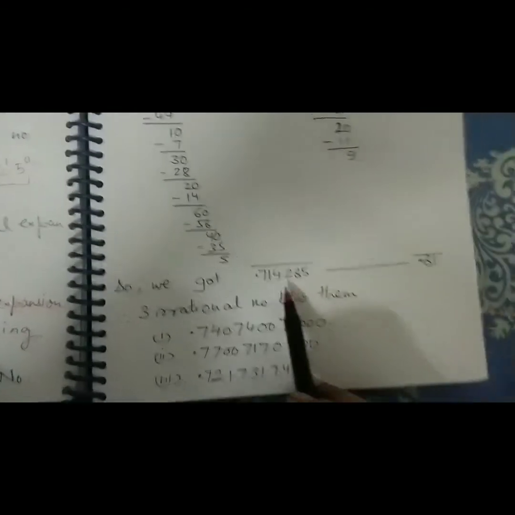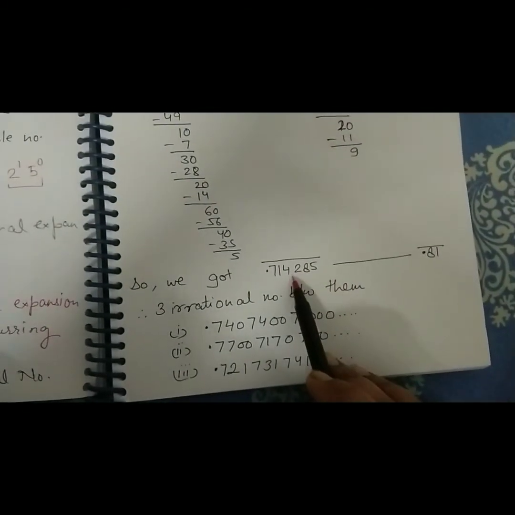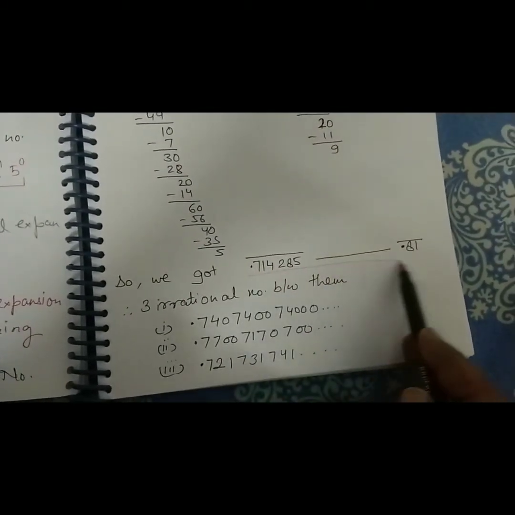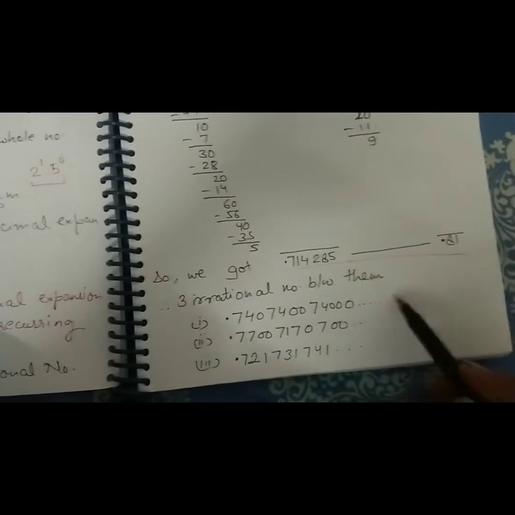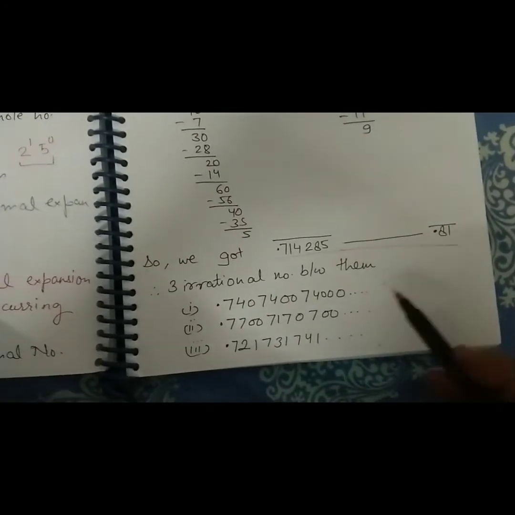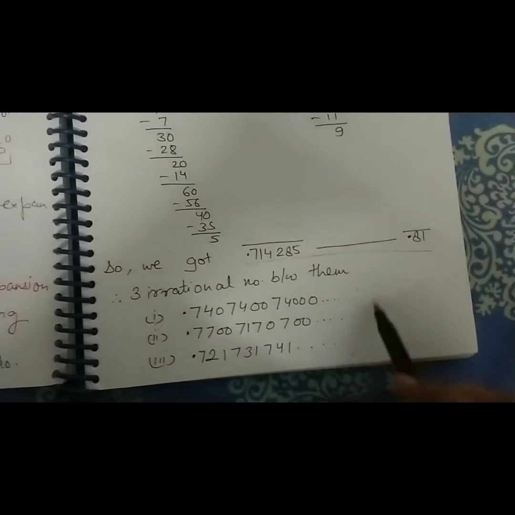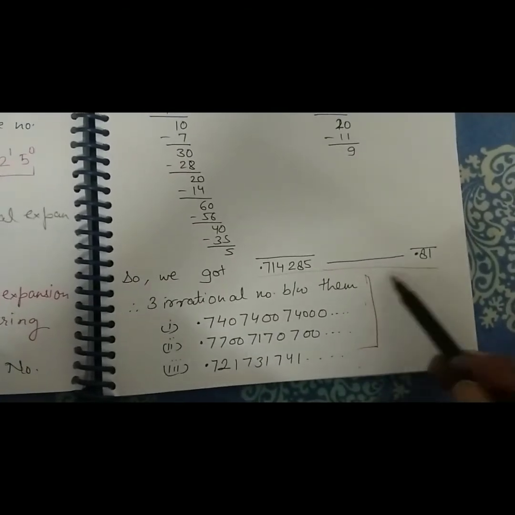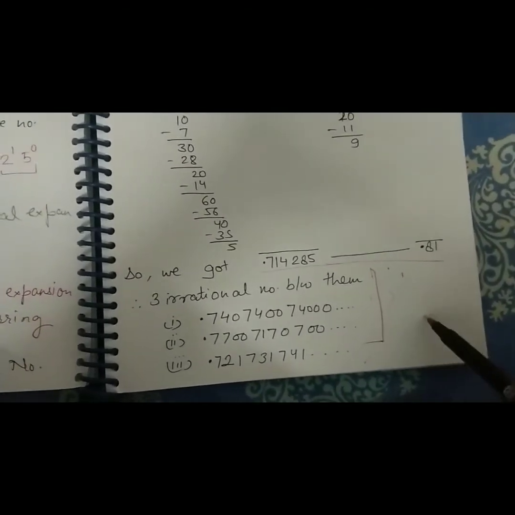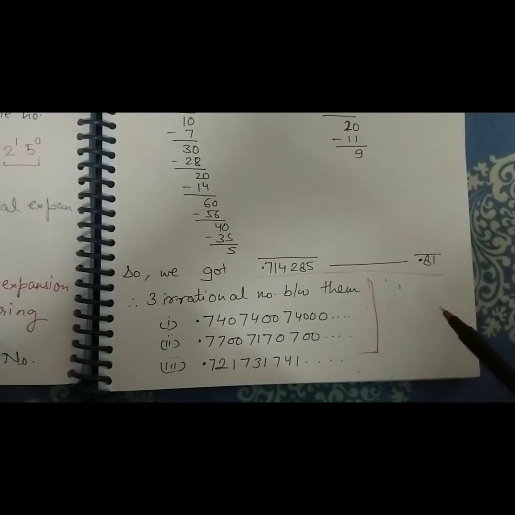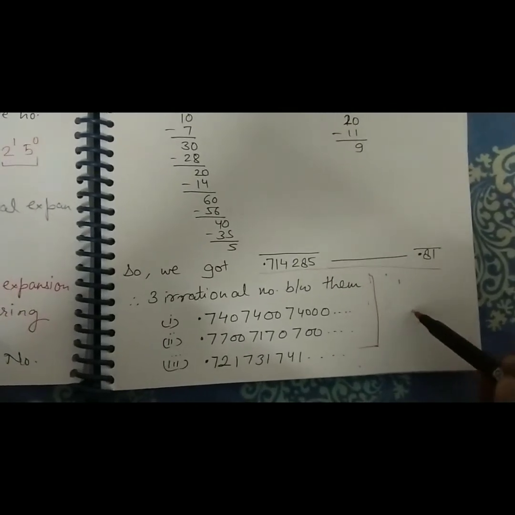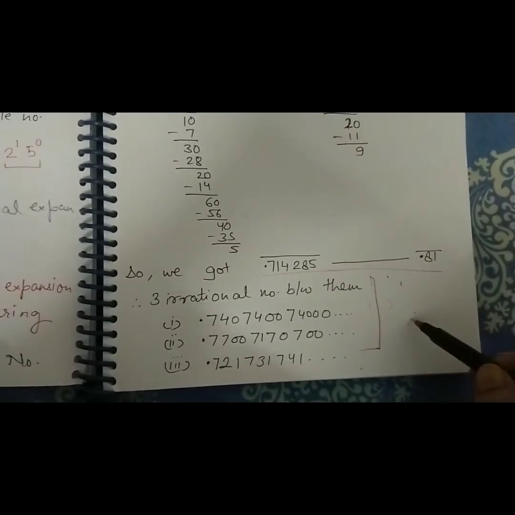So, we are going to write down any number in between these two strings. So, those will be our answers. I have taken any number. It's up to your wish. You can take any number. So, the answer will differ from everyone.